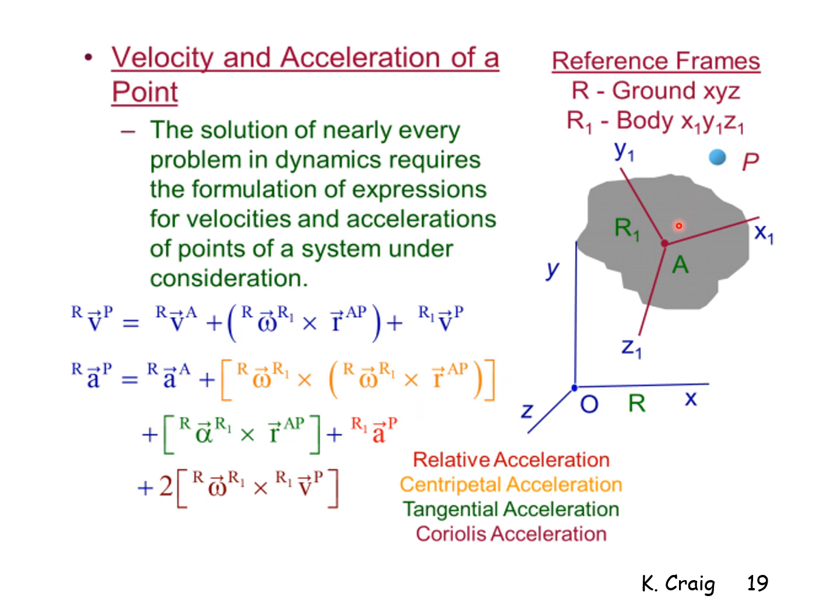If P is fixed in R1, then for velocity you have tangential velocity, for acceleration you have centripetal acceleration and tangential acceleration. We'll apply these equations to our problem, our dynamic system. In that case, the point P, the point we're investigating the motion of, will be fixed in the moving reference frame.